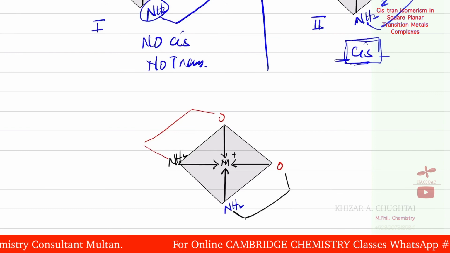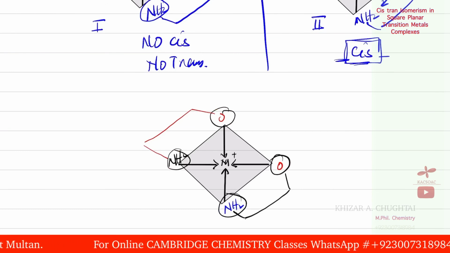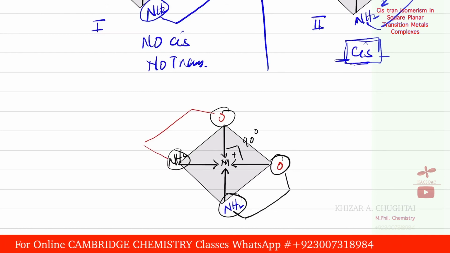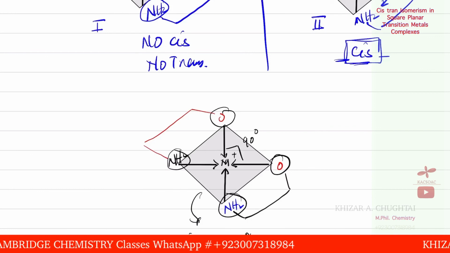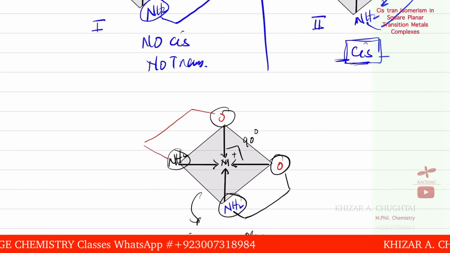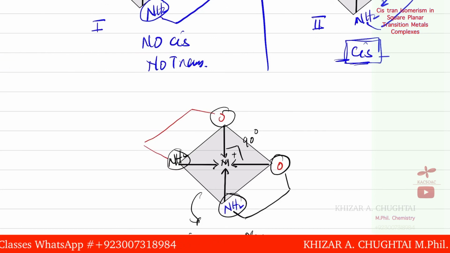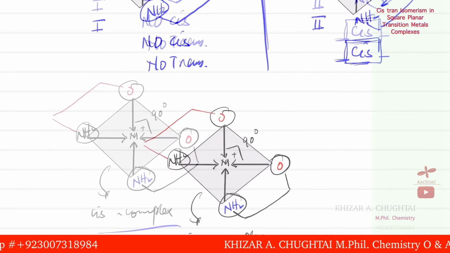Look at the donor atoms: two oxygen atoms are at 90 degrees to each other, so this is the cis complex. This complex is cis with respect to the oxygen donor atoms, and also cis with respect to the nitrogen donor atoms.